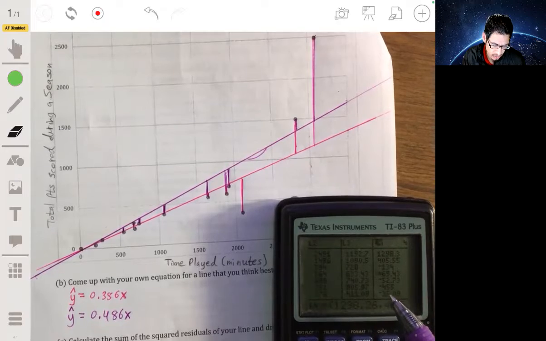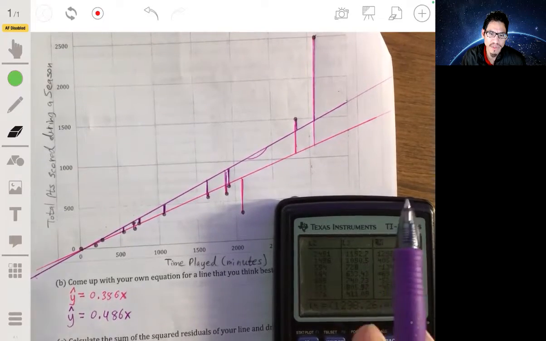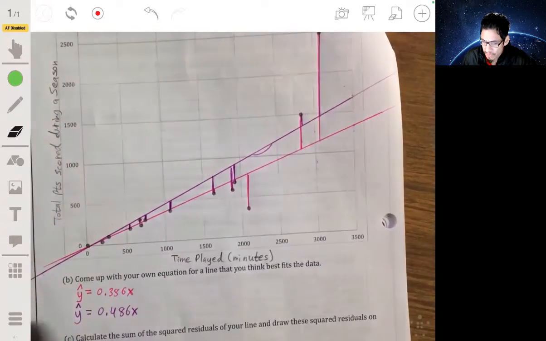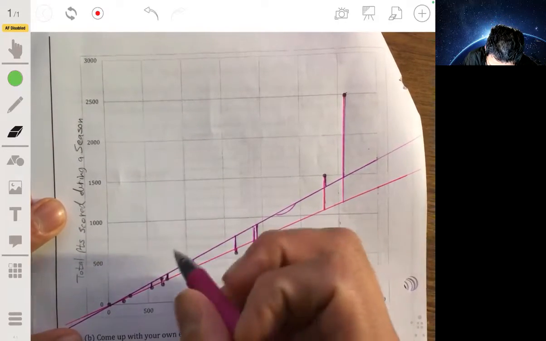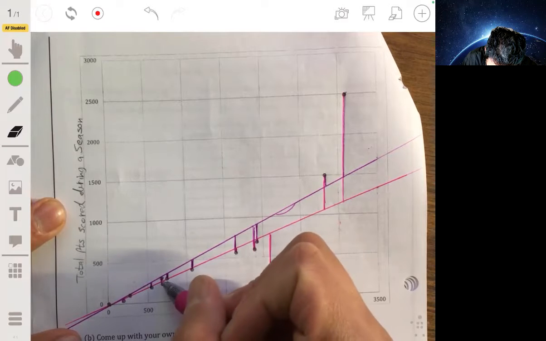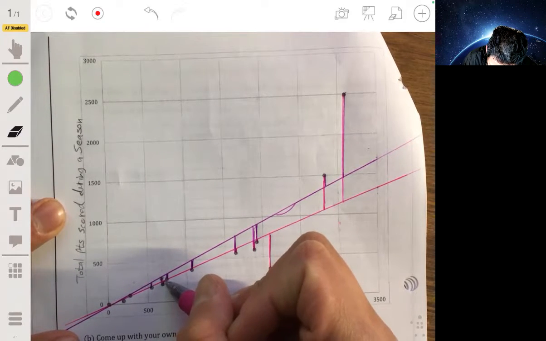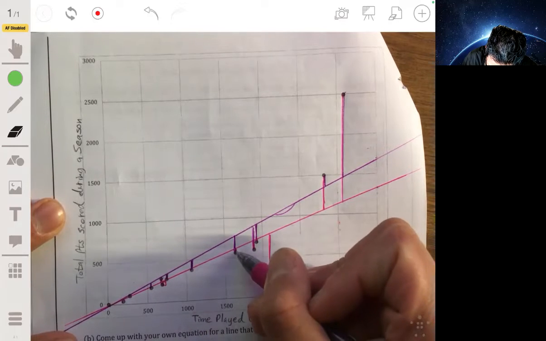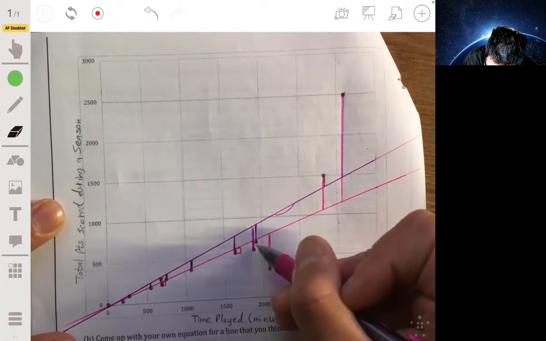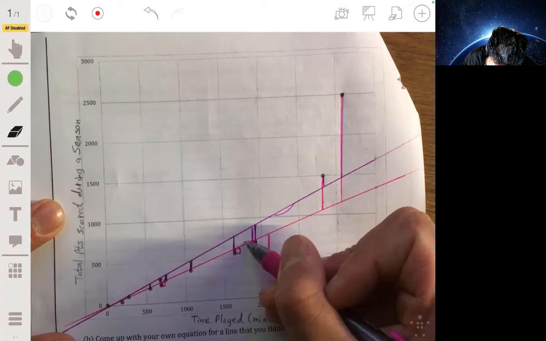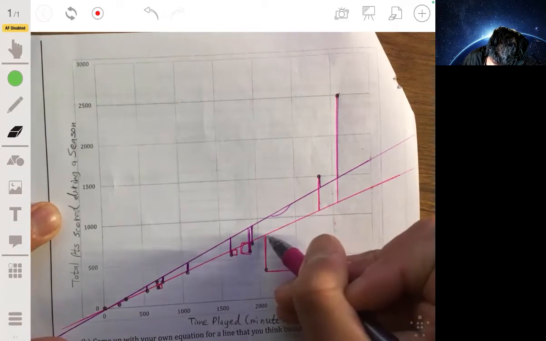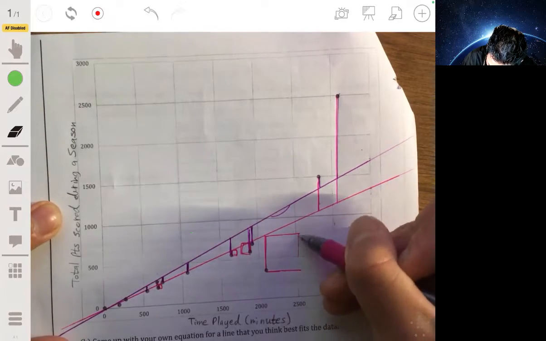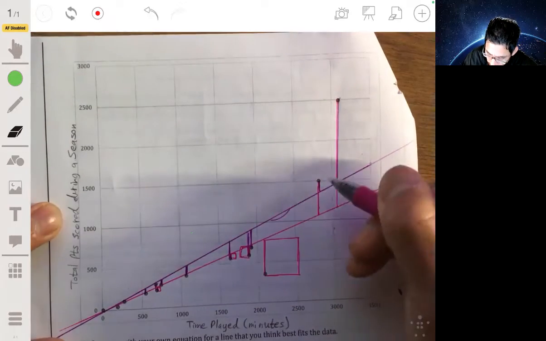So what we do is create a sum of squares. We use the fact that we can make all of these into squares, what I call squared residuals. So the ones over here will be very small. I'm going to do the pink one first. These ones you can't even see, these little tiny squares here. And now we get to this bigger one over here. So it's going to be something like this. That'll be one.